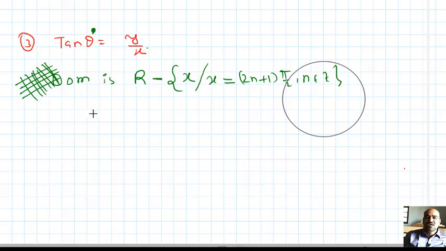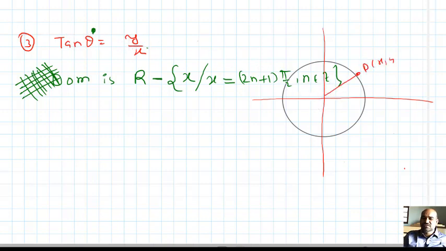Now I want to define the range, important range. So I want to use this diagram once again to find the range. Observe, all of you. So this is my P, x comma y, some theta, and the output is y by x.